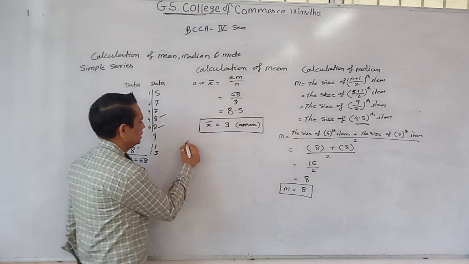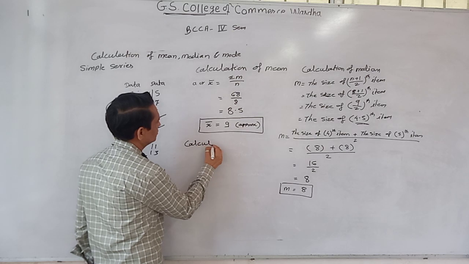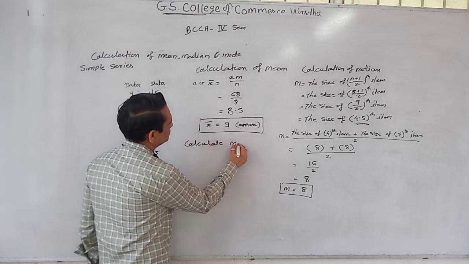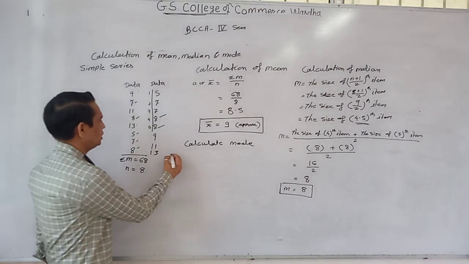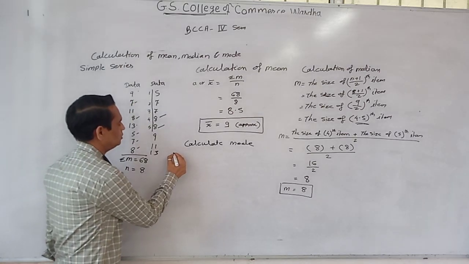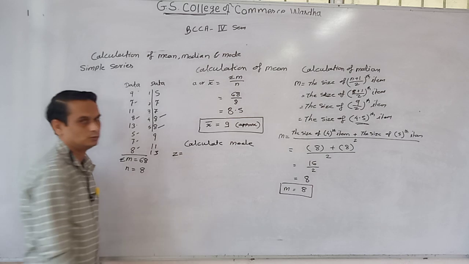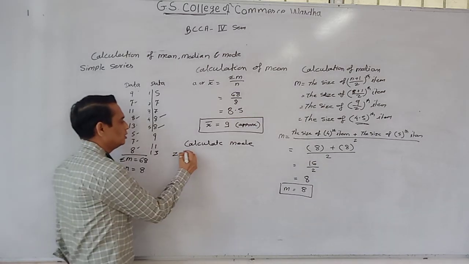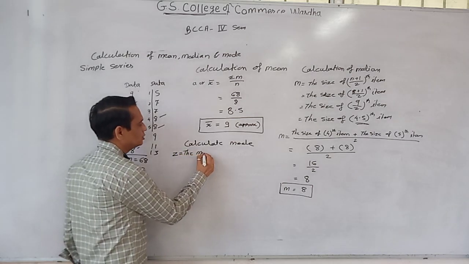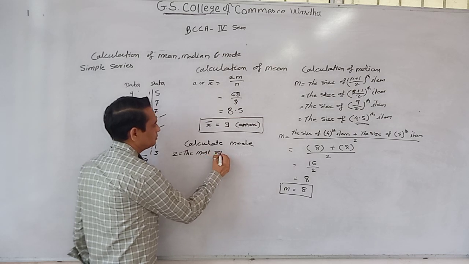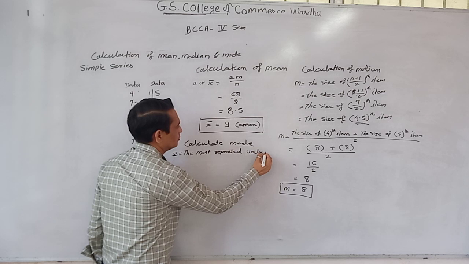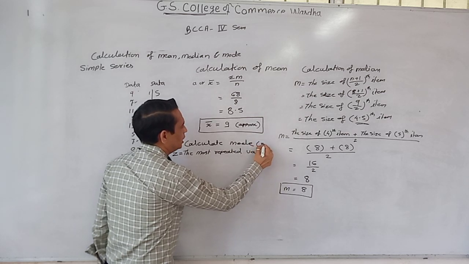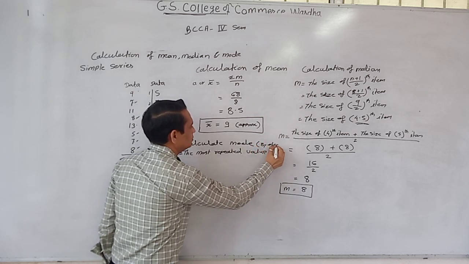Now calculate mode. To calculate mode, Z equals the most repeated value by observation.